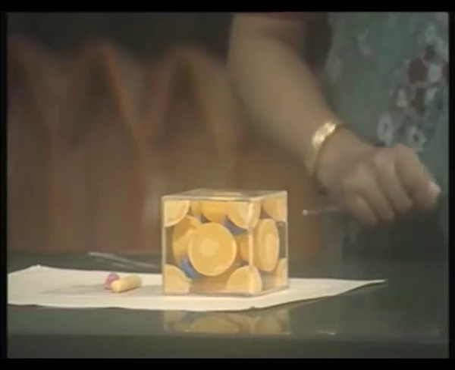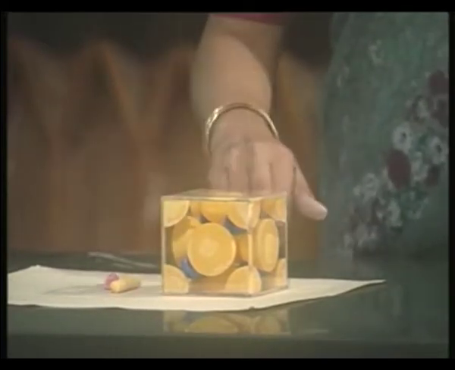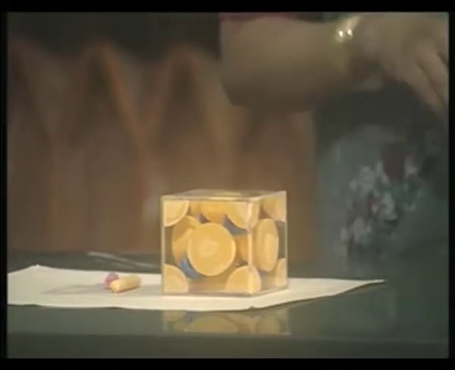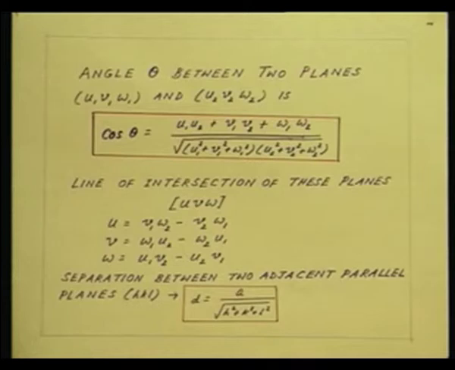The two planes are parallel to each other. The separation between these two planes is given by D equal to A divided by square root of h square plus k square plus l square, where h, k, l are the Miller indices of this plane.